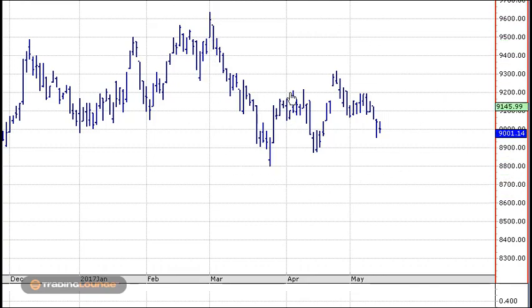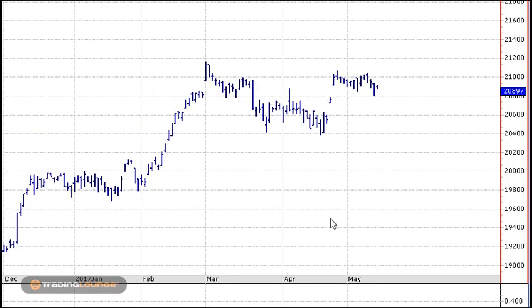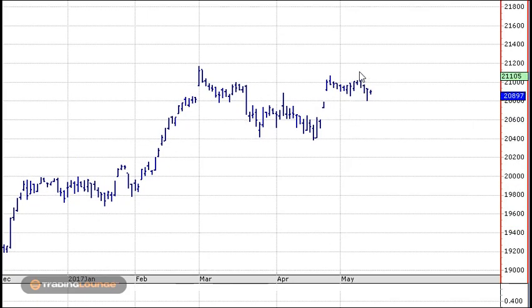This is certainly looking corrective here as well. So some are weaker than others. The Dow Jones Industrials, much like the S&P, hasn't really taken out the top here yet either. So different markets are doing different things.